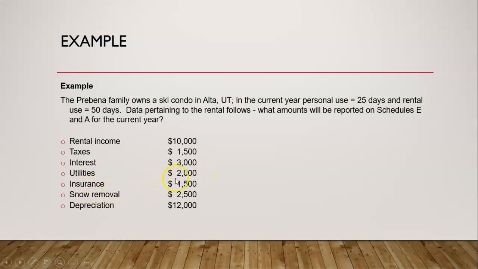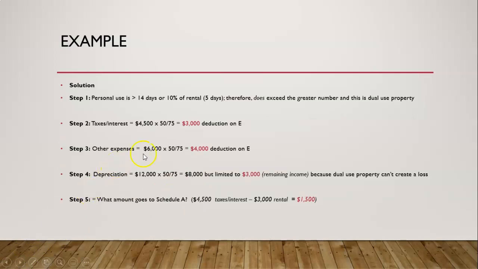So I got 2,000 of utilities, 1,500 of insurance, and 2,500 of snow removal. Okay, so that totals up to $6,000. I multiply that times my rental percentage, and 6,000 times 2/3 is 4,000, and I'll get to deduct that on Schedule E.